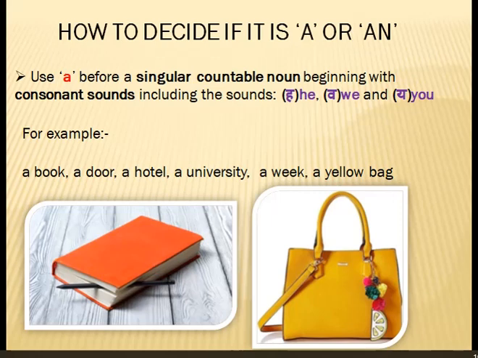A book, it begins with the sound B. A door, it begins with the sound D. A hotel, it begins with the consonant sound H. A university, it begins with the consonant sound Y. A week, it begins with the consonant sound W. A yellow bag, it begins with a consonant sound Y. So I've mentioned it here, H, W and Y. Her as in he, were as in we, and here as in you.